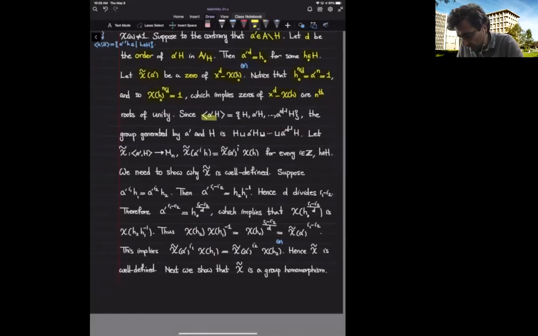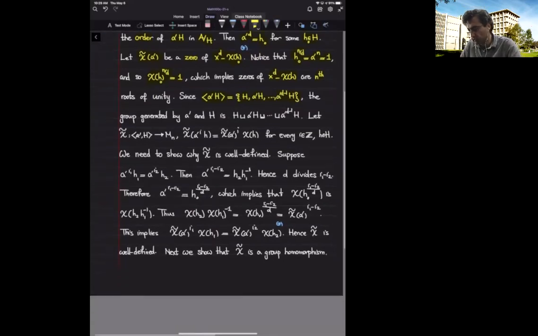The cyclic group generated by the coset A prime has finitely many cosets, precisely D, because we assume that D is the order of this coset. The coset representatives can be chosen to be powers of A prime, and these cosets are distinct, and therefore they are disjoint.